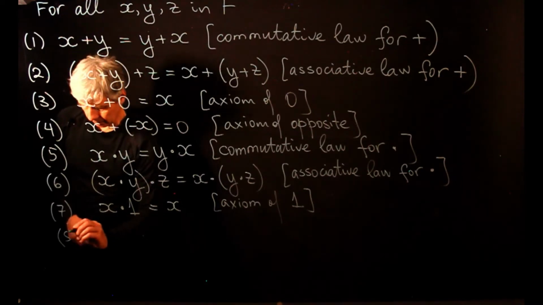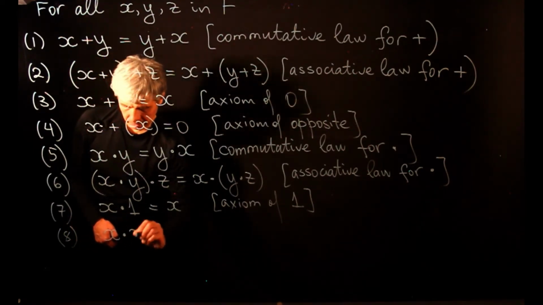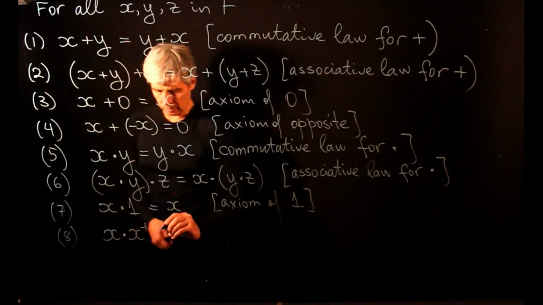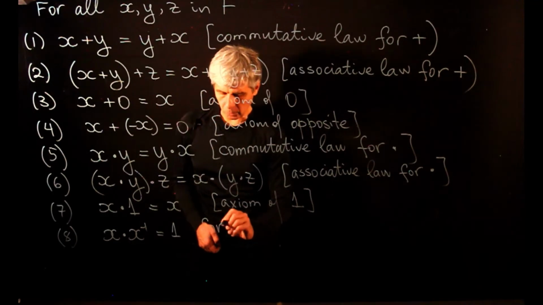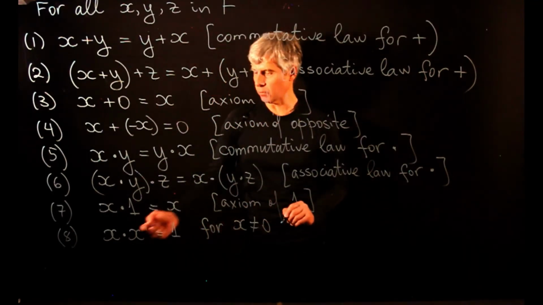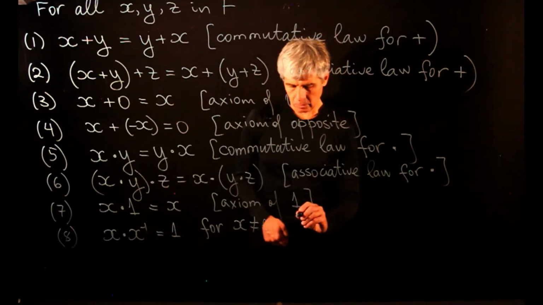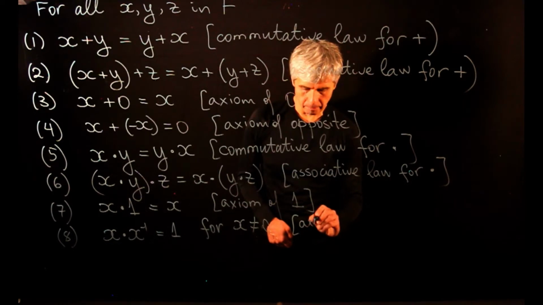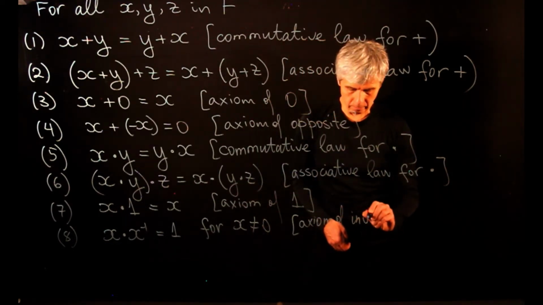Eight. x times x inverse is equal to 1. Of course, for x different from 0, because inversion is undefined for the 0 element. So this is the axiom of inverse.